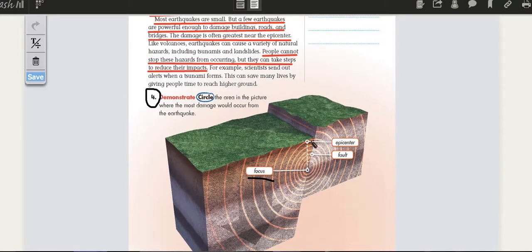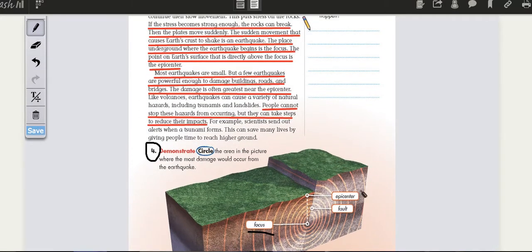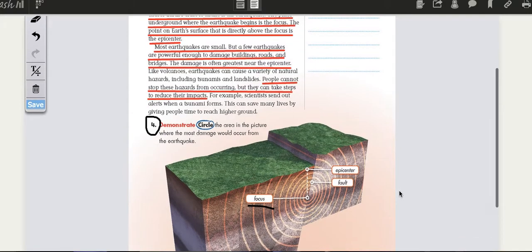And the epicenter is next. The damage is often greatest near the epicenter. The epicenter is the point on the Earth's surface that is directly above the focus. So the epicenter is on the top, on the surface of the Earth.